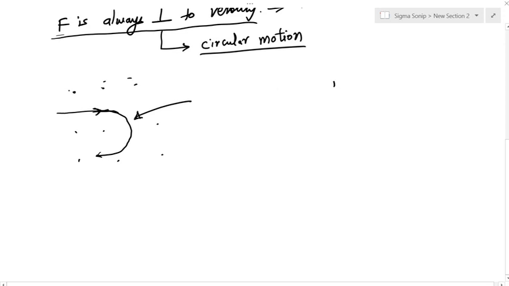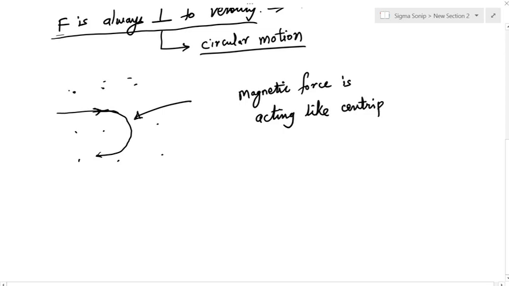Let me write it like this: the magnetic force is acting like the centripetal force. So let's suppose that our charged particle goes in a circular motion with radius r.